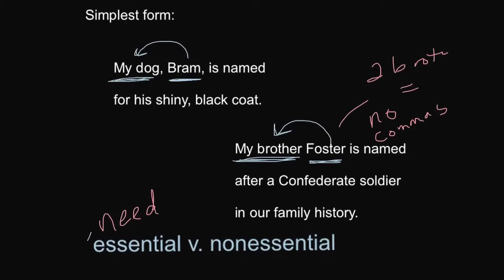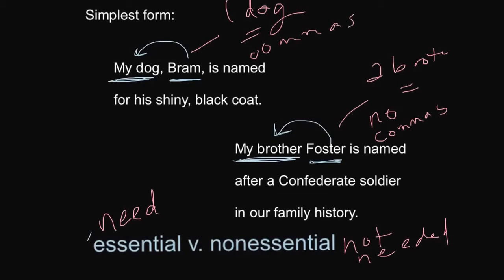Non-essential clauses are not needed. They're not necessary. Okay? For instance, I only have one dog. There's only one to choose from. So I don't have to tell you my dog's name because I only have one of them. I'm not trying to explain which one I'm talking about. When I only have one, it does get commas.